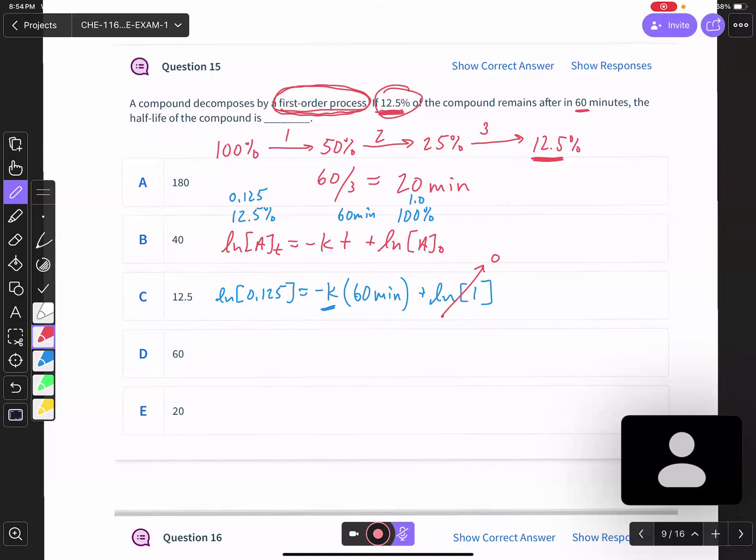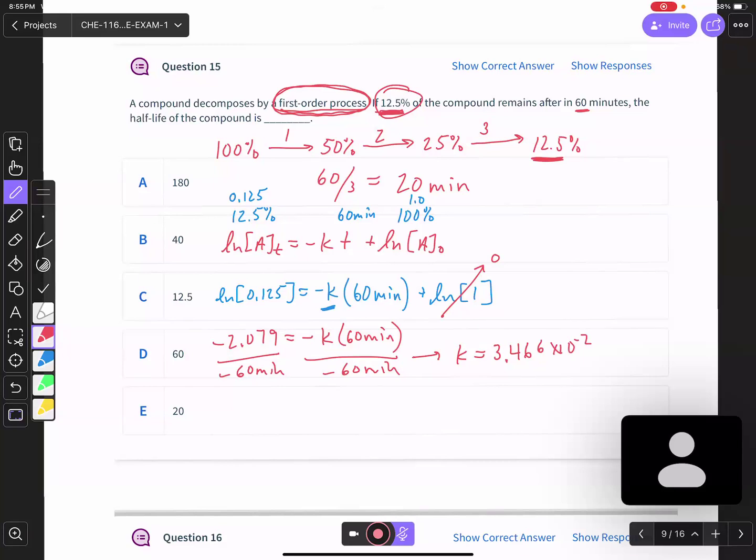So the natural log of 0.125, I get negative 2.079 equals negative k times 60 minutes. Divide by negative 60 minutes, and we get a rate constant for the reaction of about 3.466 times 10 to the minus 2.